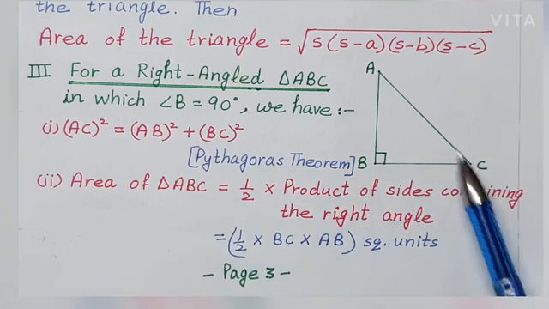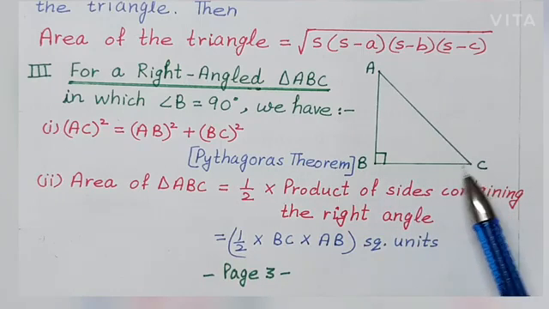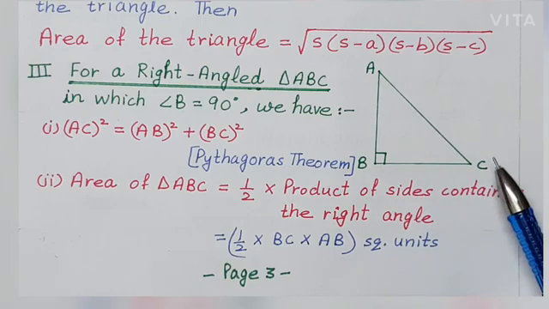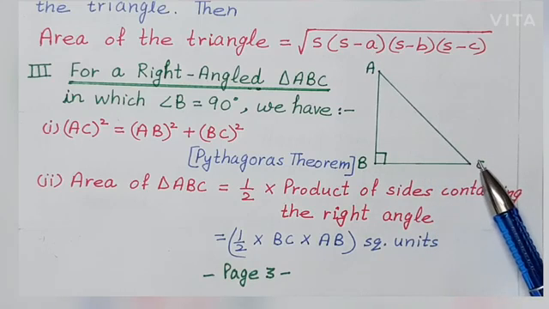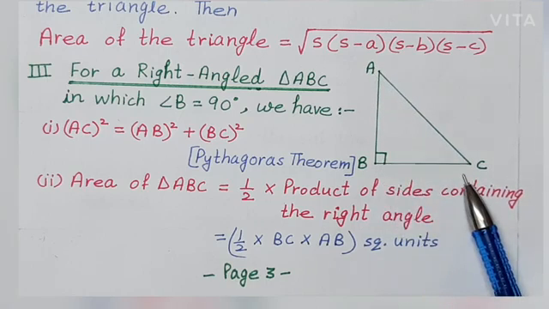If we have to find the value of AC, we will apply Pythagoras theorem, that is AC square is equal to AB square plus BC square.